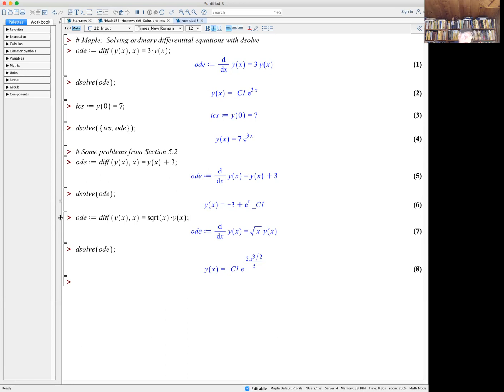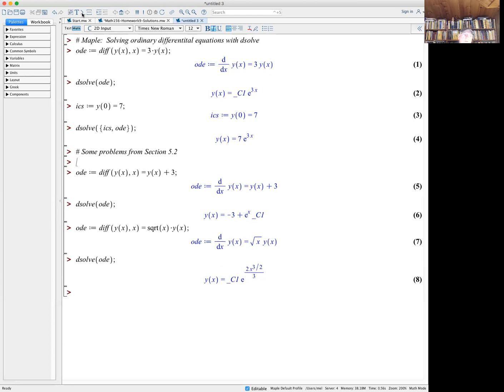Let me do one more example from section 5.2. Maybe just to label these. So this is problem 3.